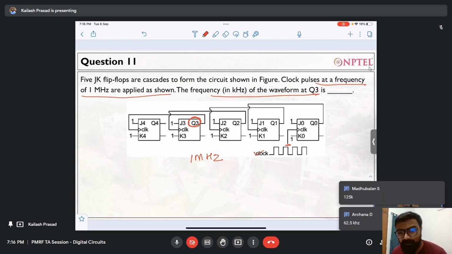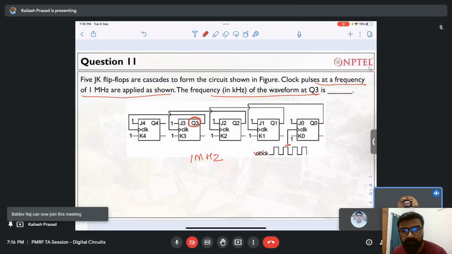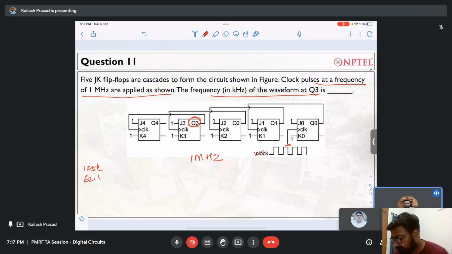Archana is saying 62.5k. 125k and 62.5k. Anybody else?